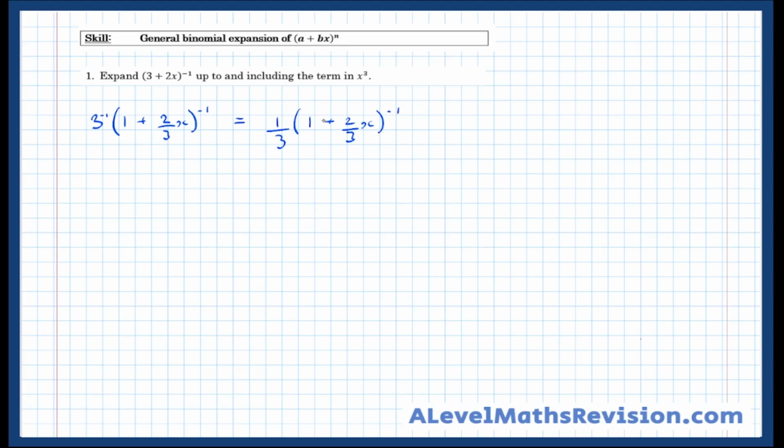And now we have a bracket like we're used to expanding, where the first number is 1. So let's go for it. Let's get it done.